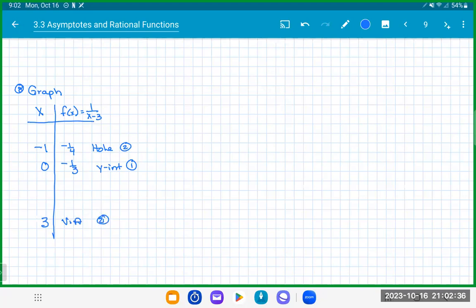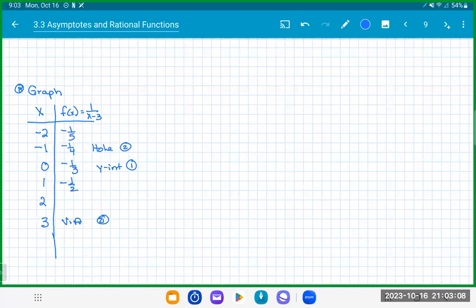Okay. So now let's fill in some of the things on the sides around this, right? We can look at the value -2. When we plug that into our equation, we get -1/5. Let's plug in a 1 and a 2 just to see what the graph looks like. When I plug 1 in there, I get 1/(1 - 3), so that is -1/2.